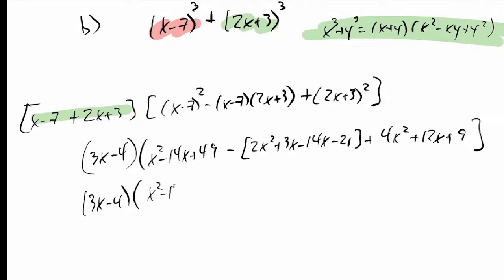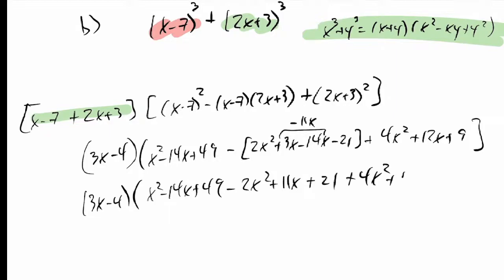And this is x squared minus 14x plus 49 minus 2x squared. These two will simplify to become minus 11x. So when I distribute that, I get plus 12x plus 21. Here, so is that right?